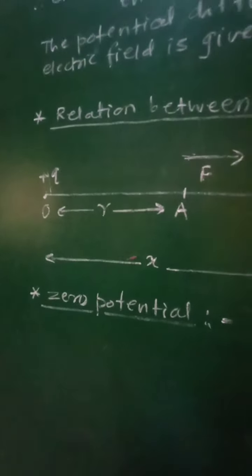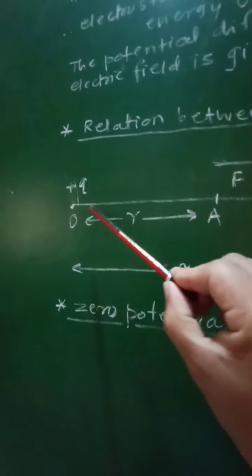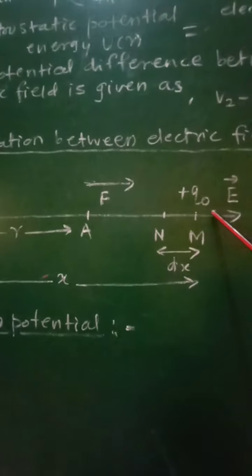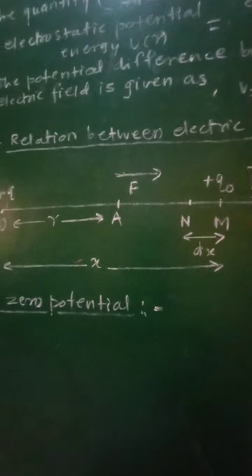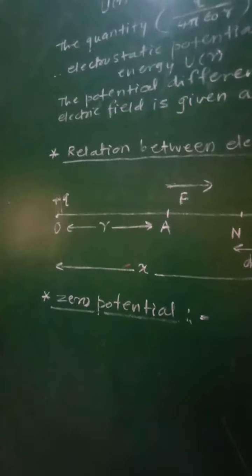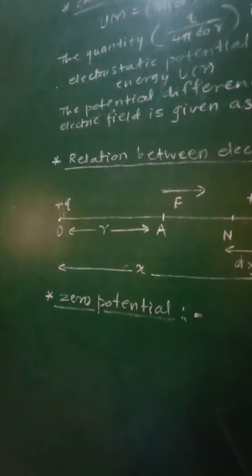Now the electric field produced due to this plus q charge will be directed away from the charge. So this E represents the direction of electric field which is produced around that charge plus q.